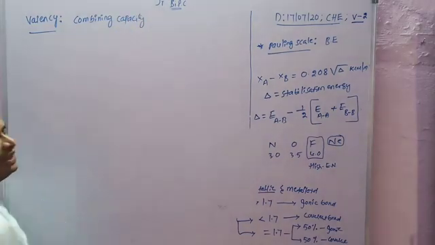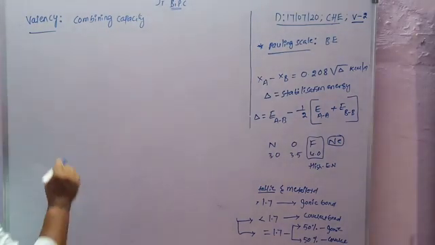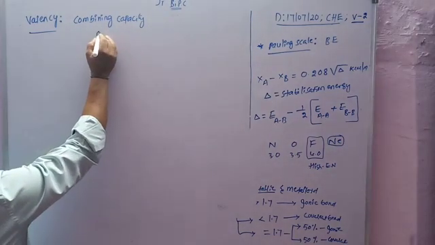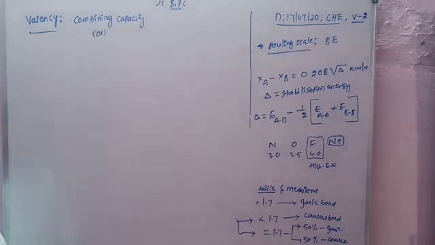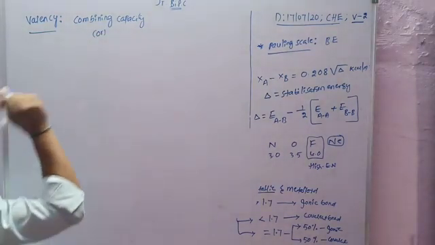What is a combining capacity? Actually, valency is not always constant. It changes from one element to another element. So valency is the combining capacity, or the number of hydrogens.